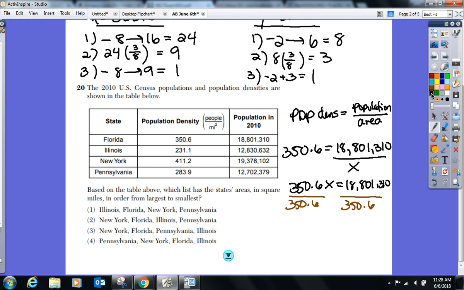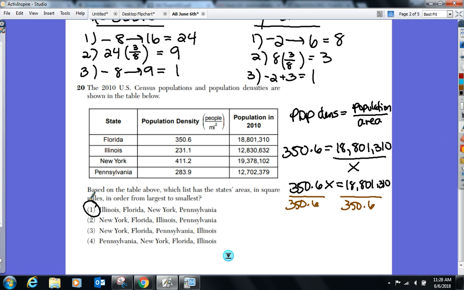A lot of people, I'm sure, would go with the FL, huh? Florida for you kids. Got your formula sheet, good. Okay, so it ended up being Illinois, which had the largest area, followed by Florida, New York, and Pennsylvania.